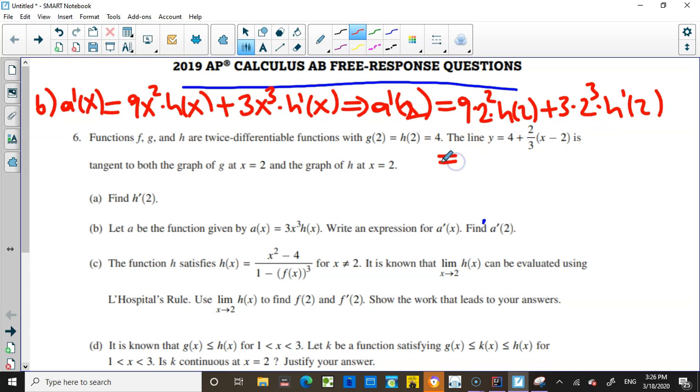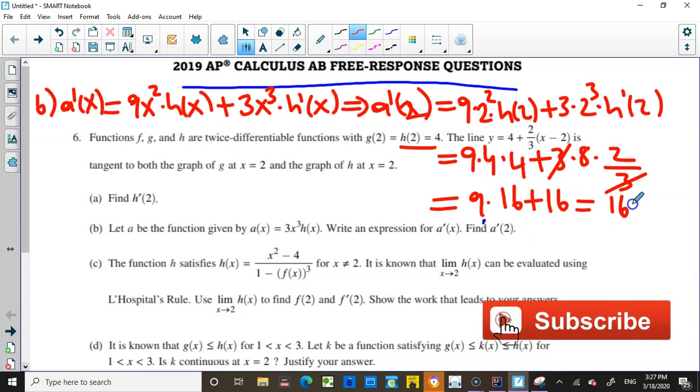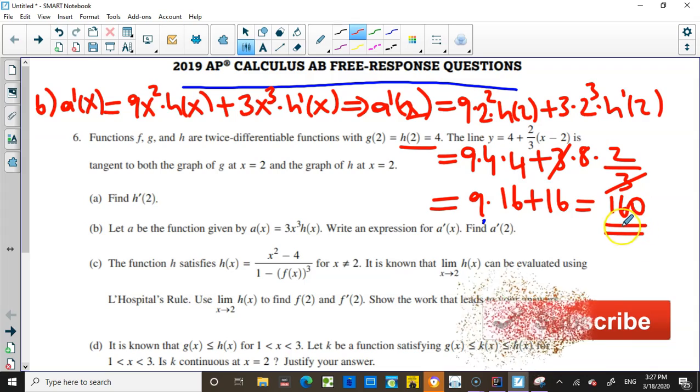So 9 times 4 times h of 2, which is given as 4, so 4 times 4, plus 3 times 8 times h prime 2, which we figured out in part A is 2/3. If we calculate that, this simplifies to 9 times 16 plus 16, which is equal to 160. That is part B.